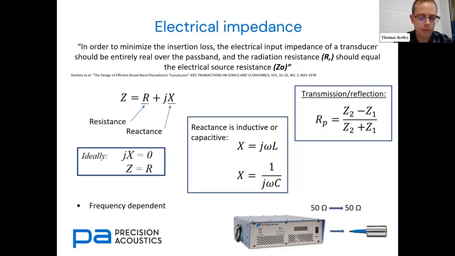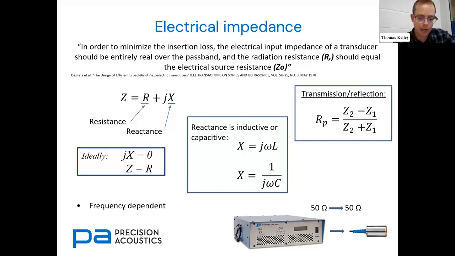So in the same way as mechanical impedance, acoustic impedance, we can now consider electrical impedance. In the same way as energy is reflected at the boundary in acoustic impedance, energy is also reflected at boundaries of electrical impedance. So if you're driving your transducer from a 50 ohm source, which is pretty typical in many industries, then in order to get good power transfer to the transducer, you should match the electrical impedance of the transducer to that of the drive circuit.